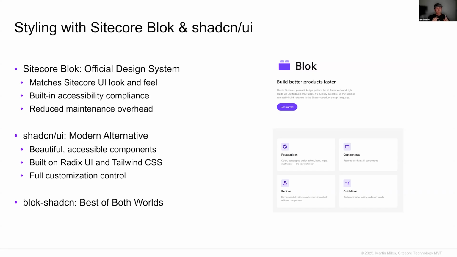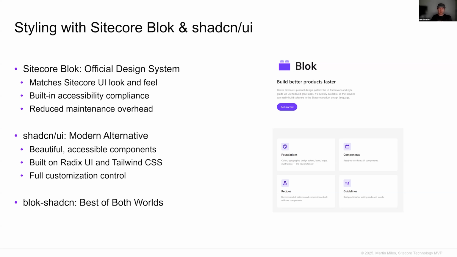This one provides a set of reusable React components which are designed to match the look and feel of the Sitecore UI. You use Blok, and then your app will automatically look like it belongs to Sitecore. The components are accessible, they are responsive, they are professionally designed, and as a plus, using Blok reduces your maintenance overhead because Sitecore maintains this component library on your behalf.